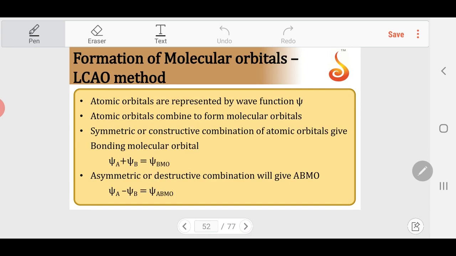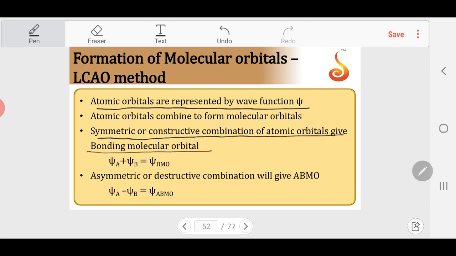How are the molecular orbitals actually formed? There is a theory called the LCAO method. LCAO stands for linear combination of atomic orbitals. As we know, atomic orbitals are represented by their wave function, psi. These wave functions can be combined in a linear fashion, either in a symmetrical way or an unsymmetrical way. A symmetric or constructive combination always gives bonding molecular orbitals.